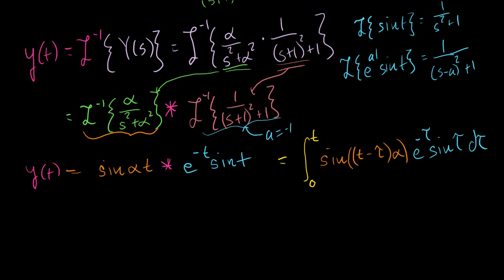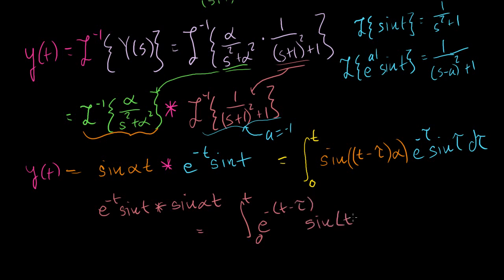We could have written this expression as e to the minus t sine of t convoluted with sine of alpha t. And that would be equal to the integral from 0 to t of e to the minus (t minus tau) sine of (t minus tau) times sine of alpha tau d tau.